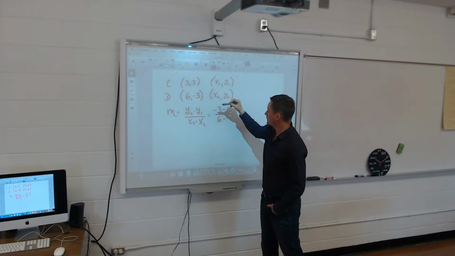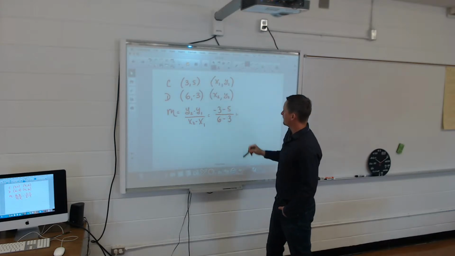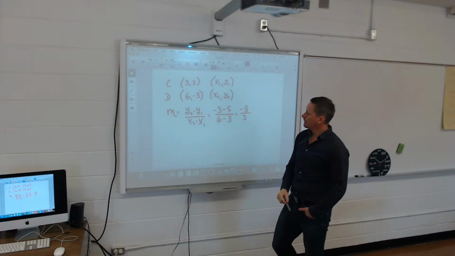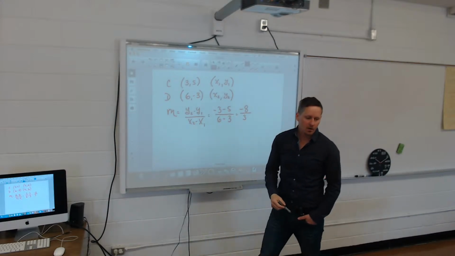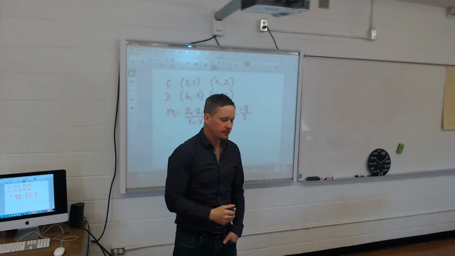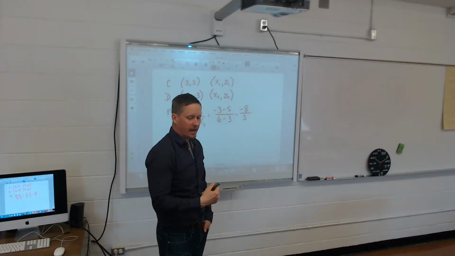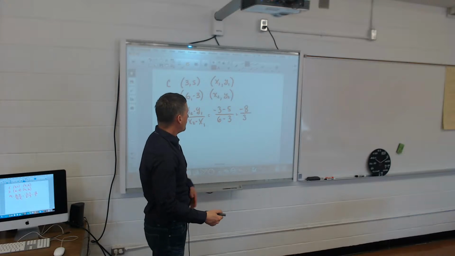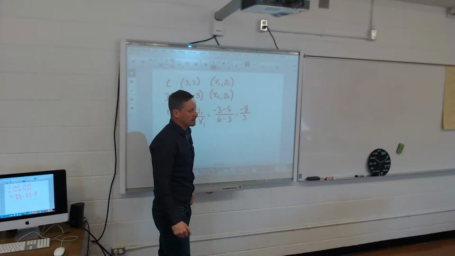Subtract my x1, which is 3. So we go -8 over 3. That means to go from one coordinate to the next, I go down 8 and right 3. And that will take me to any coordinate on the line.